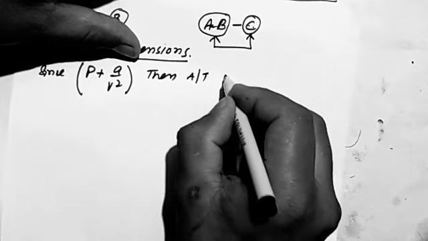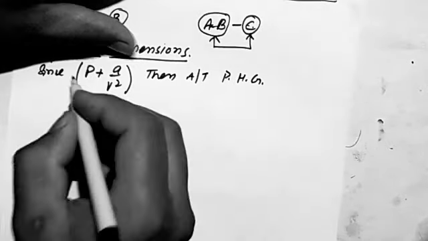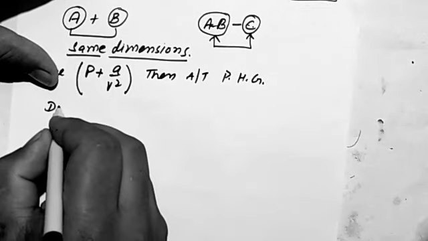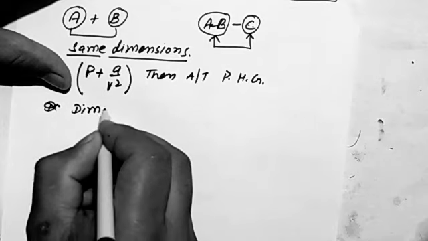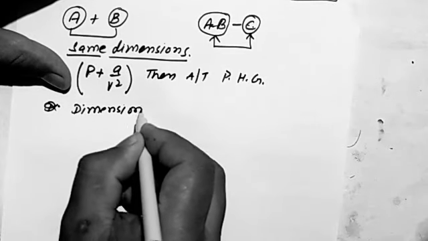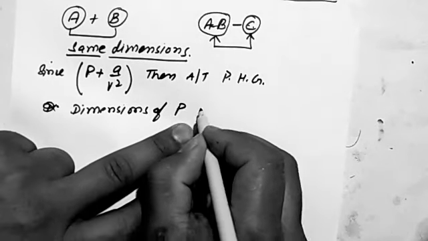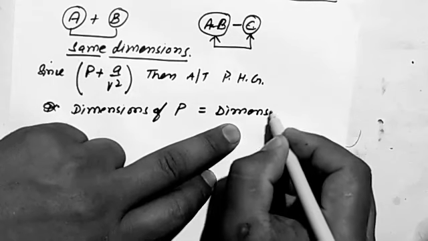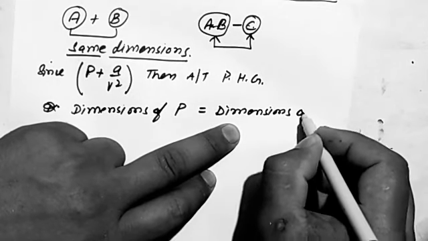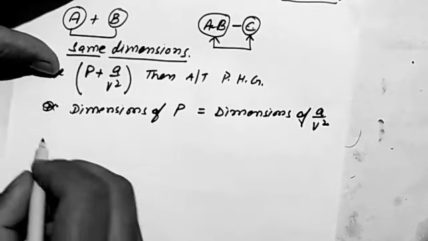According to the principle of homogeneity, the dimensions of P should be equal to the dimensions of A upon V square.